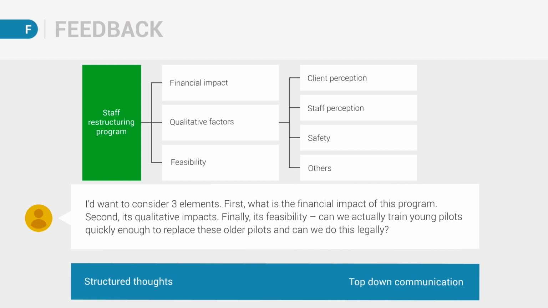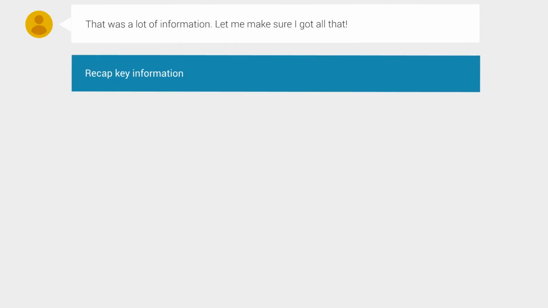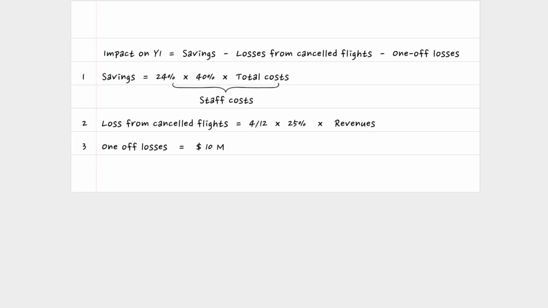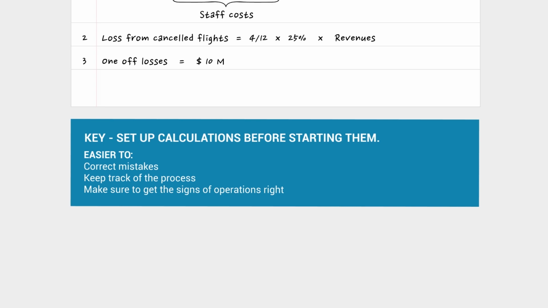As they have done throughout, the candidate continued to communicate their approach in a top-down manner. Again, they recapped key information about the case to make sure they got everything. In terms of the mathematics, the most important thing the candidate did was to set up their calculations before starting them. This is a key factor that will differentiate them from unsuccessful candidates.